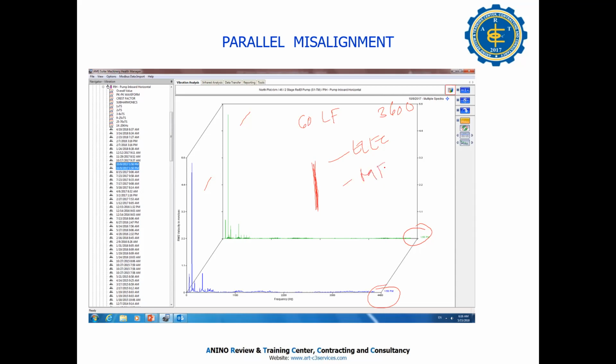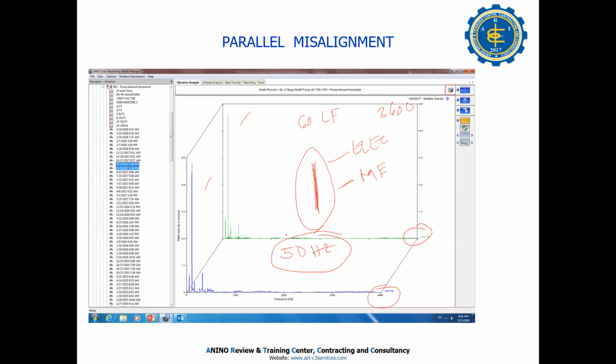But if your line frequency is 50 hertz, it's easy to identify whether it is misalignment or an electrical problem.